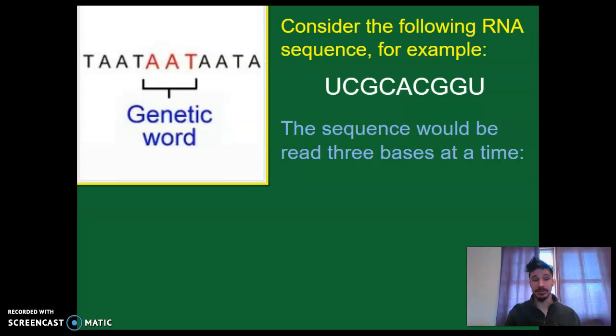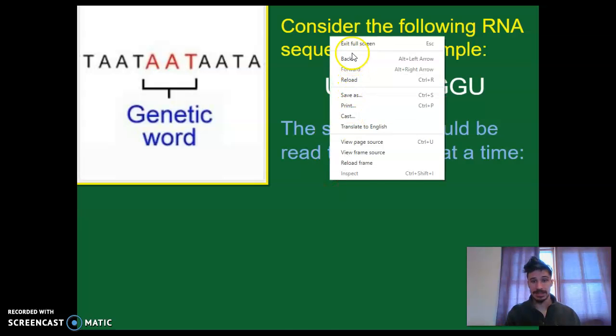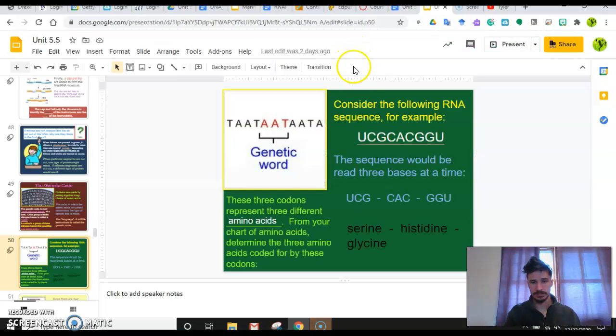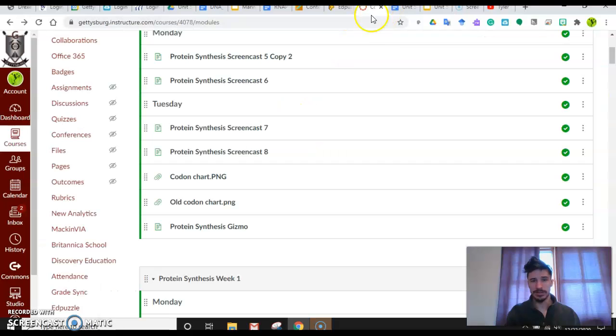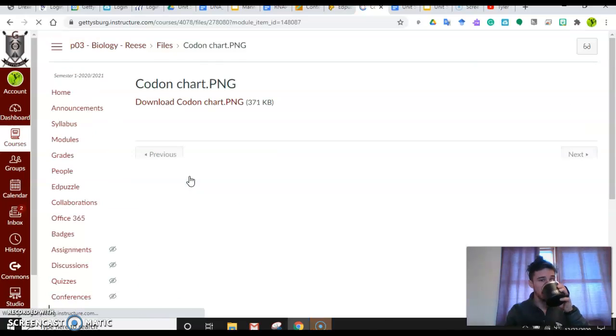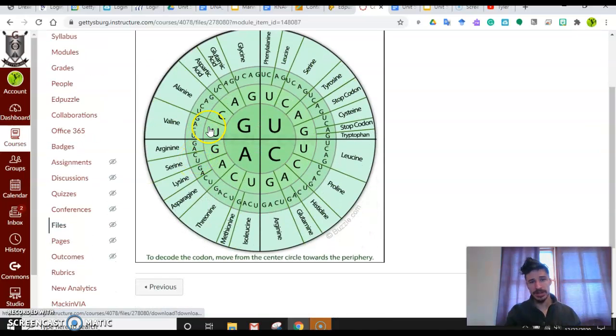Let's exit out of here. You have a codon chart, a new one. On this new one, these are all the amino acids around the outside, all 20 of them, and these are your nucleotides in the middle.